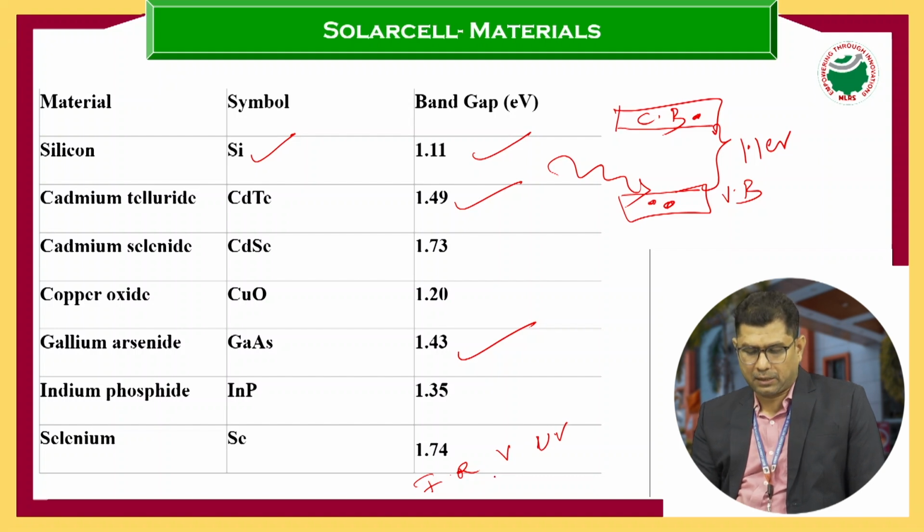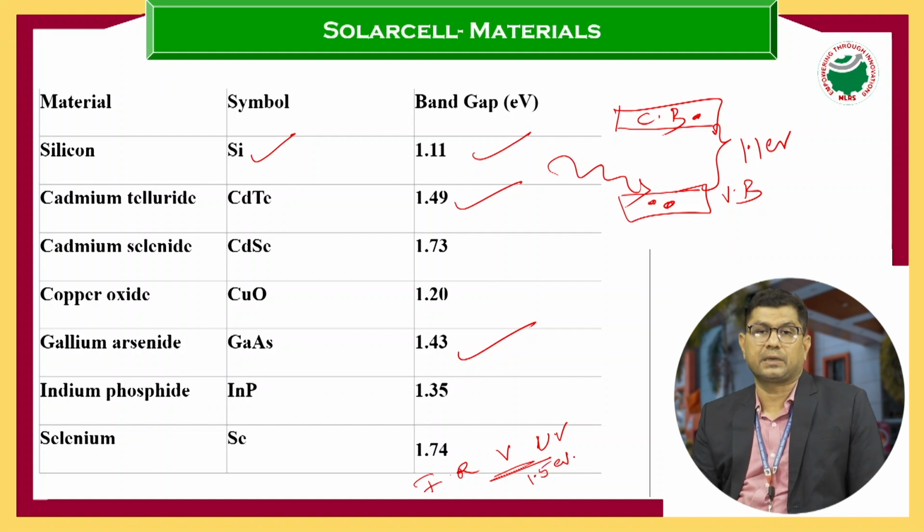When you consider visible light, whenever you want to convert visible light to electrical energy, the spectrum should have an energy of around 1.5 electron volts.